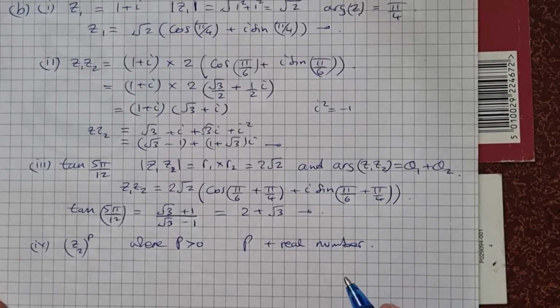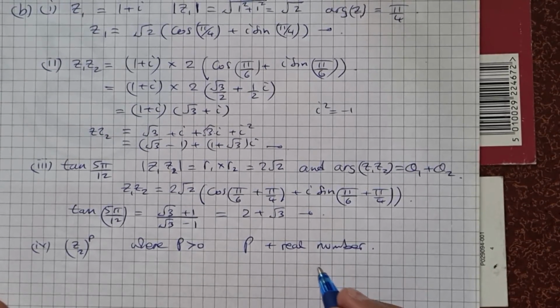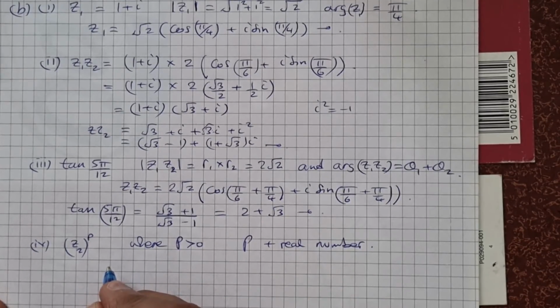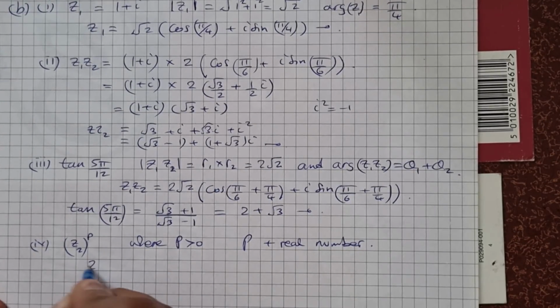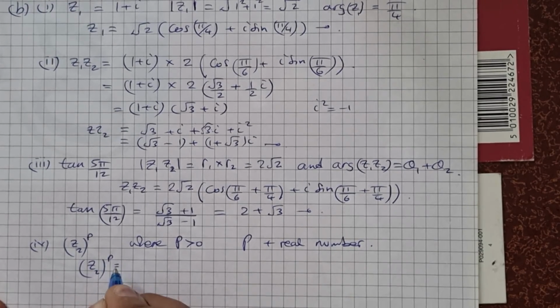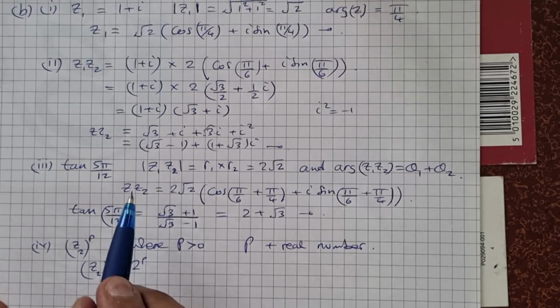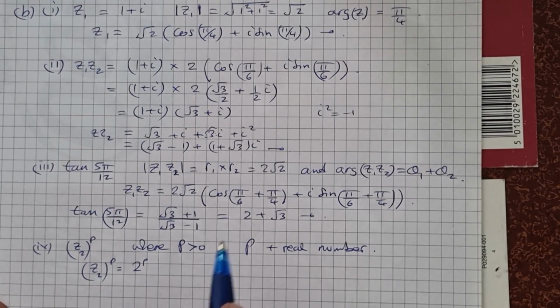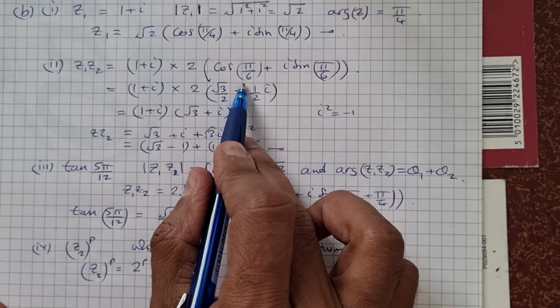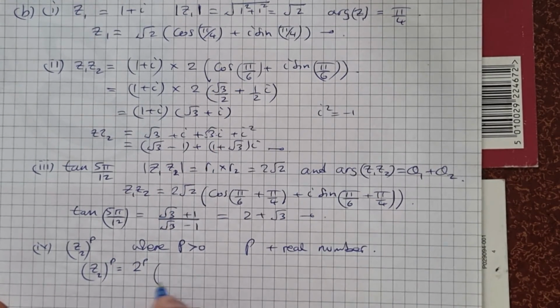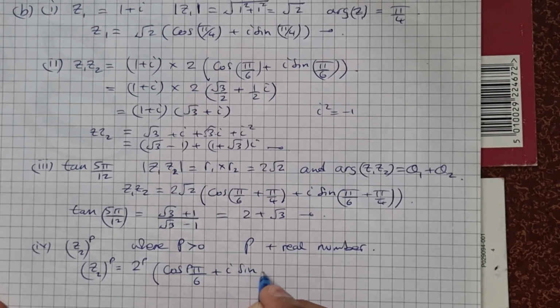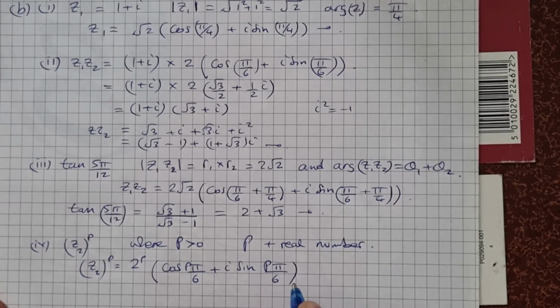And the smallest value of p, well, so let's see, 2 to the p, because this is Z2, and we know what Z2 is all about. Z2 was given in the question as this, so this is cos of p pi upon 6, plus i sine of p pi upon 6.